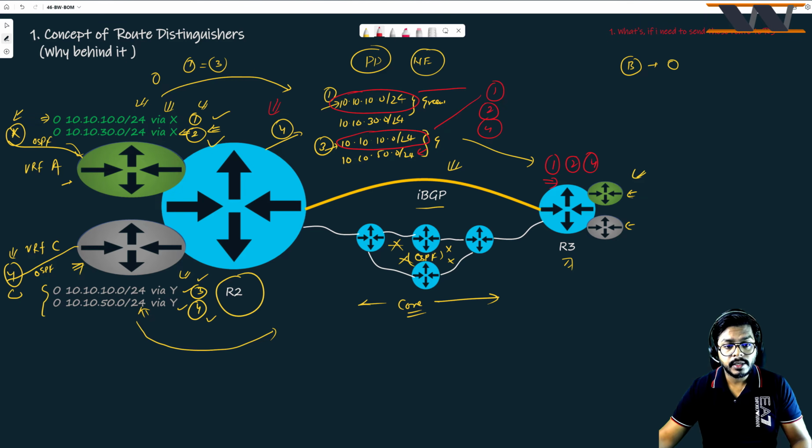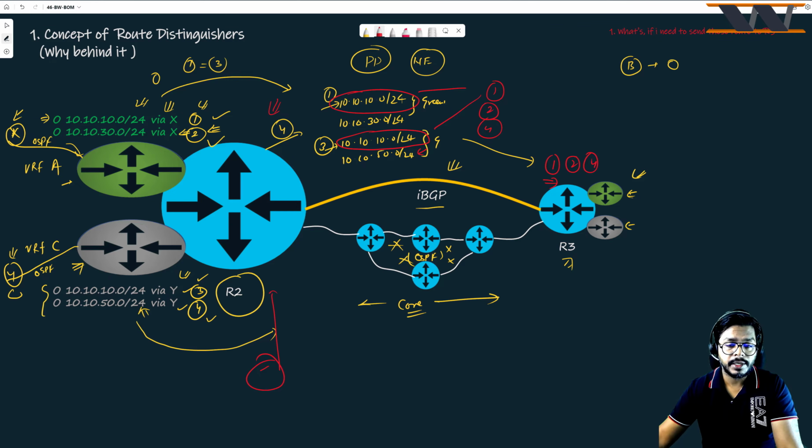Another customer can join which is maybe using the same network again, 10.10.10.0. It means that for this customer also, I will not be advertising the route, because BGP can only advertise one best path after the best path selection algorithm if it is learning the same path from multiple sources. It is as simple as that, right? So you can understand there is a problem right now.